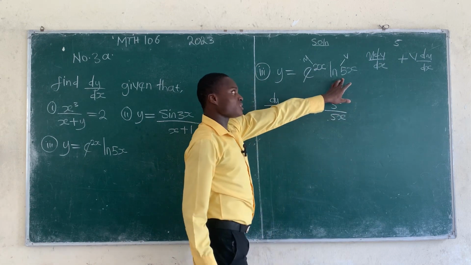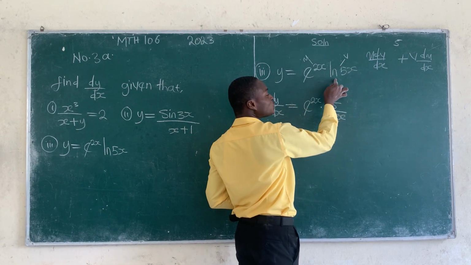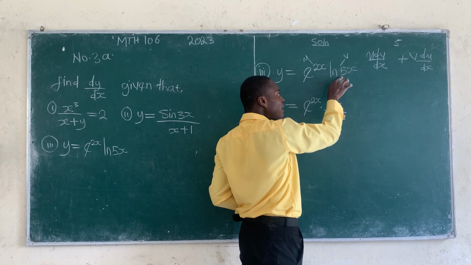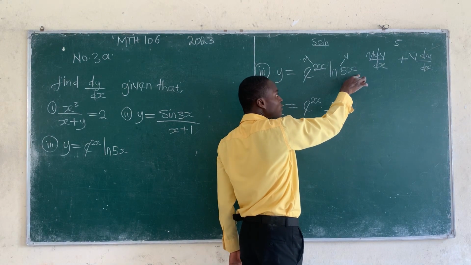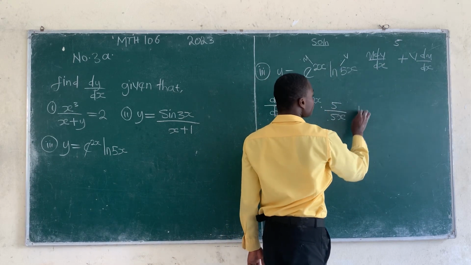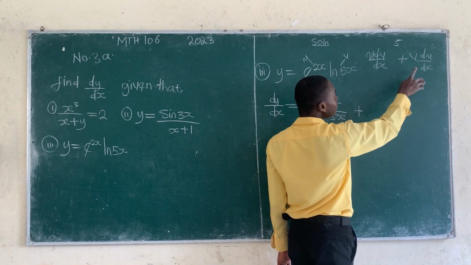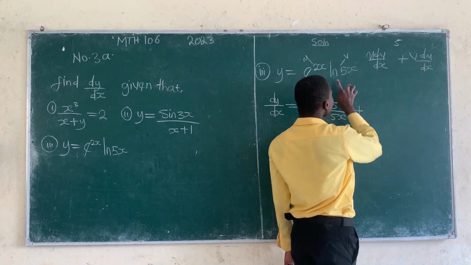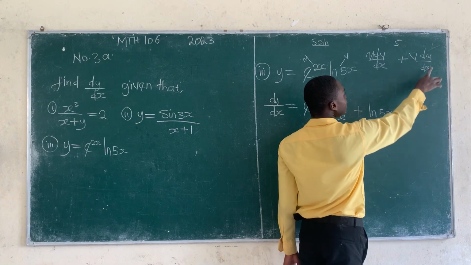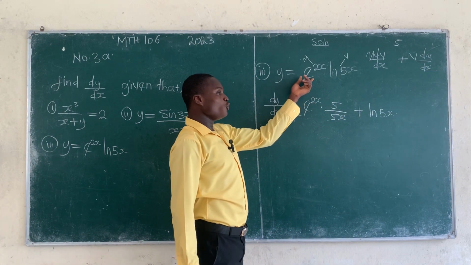Please, let's observe this again, how to differentiate it. First of all, you differentiate what you have attached to the ln, 5x, you have 5, and you divide it by that thing you have, which is 5x. Then the next one is plus v. Our v is ln 5x, times du/dx, which simply means differentiate u.